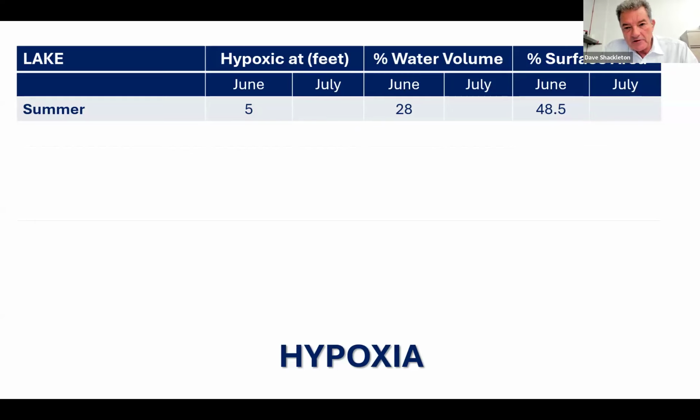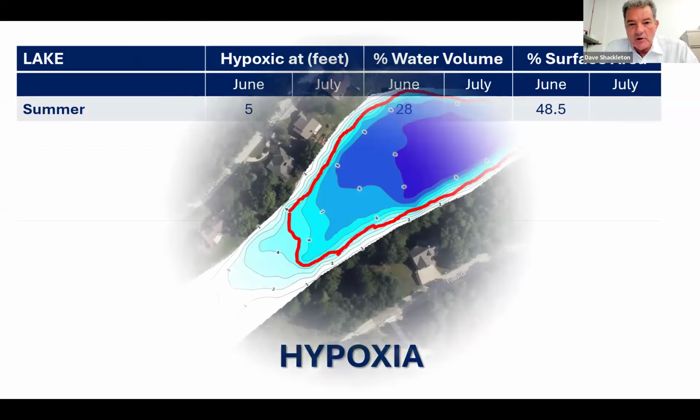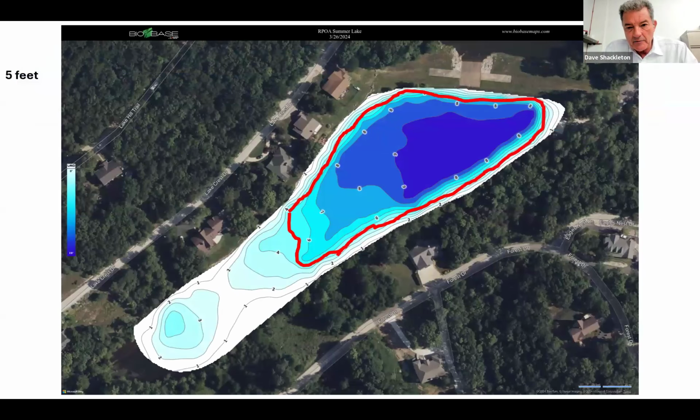So 48% of the surface area is hypoxic and potentially recycling nutrients, and 28% of the water volume is hypoxic and animal life are precluded. So that means you're going to have basically a lot of algae and weeds and stuff growing in these shallow areas.